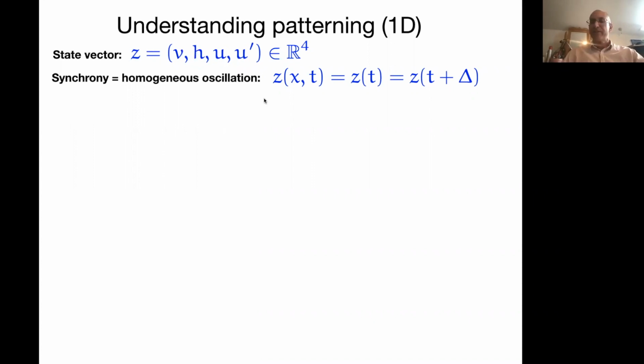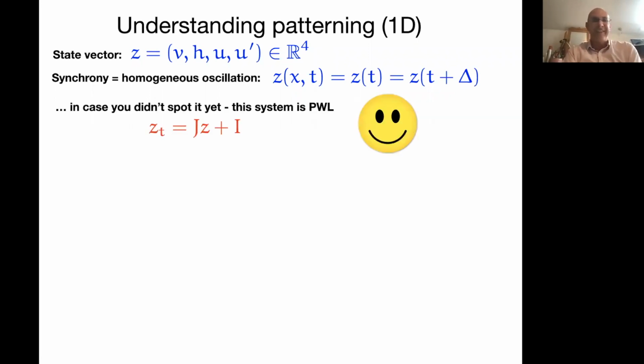I'm going to assume there's a ball solution, which is one where the tissue just oscillates homogeneously everywhere, but there's a nice rhythm. So I'm going to look for a periodic solution. I'll call the period big delta. If you haven't met me before, I'll guess what I'm going to talk about. I'm going to basically talk about the use of piecewise linear systems.